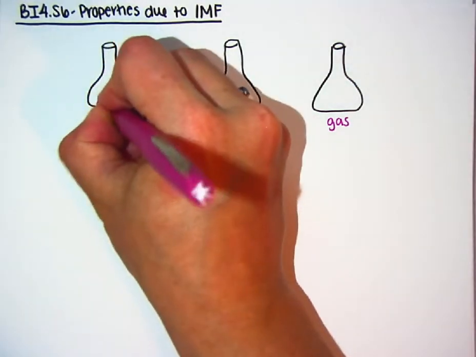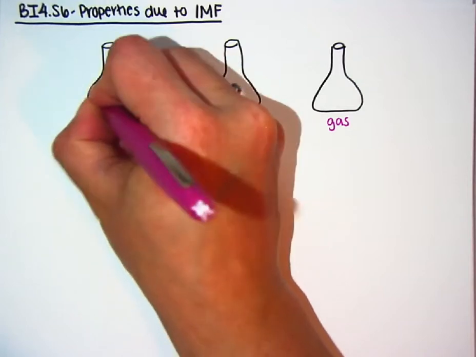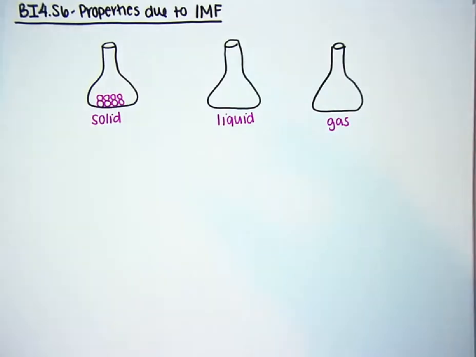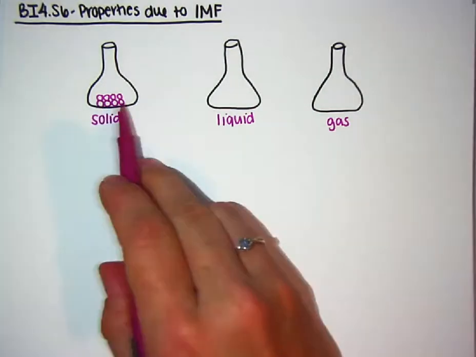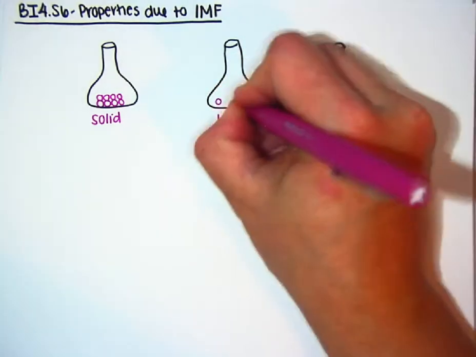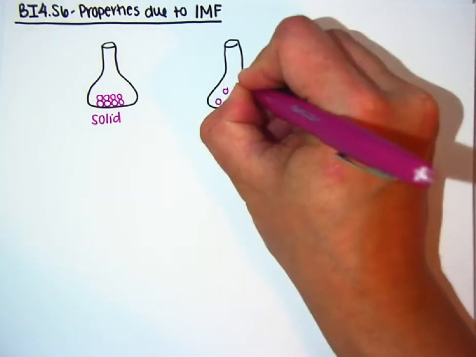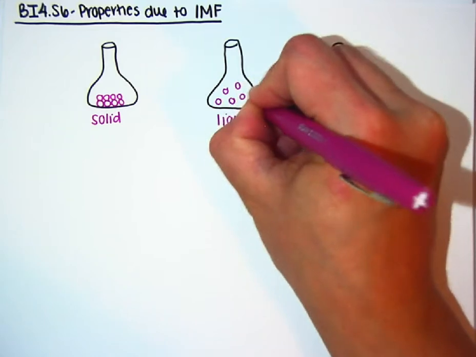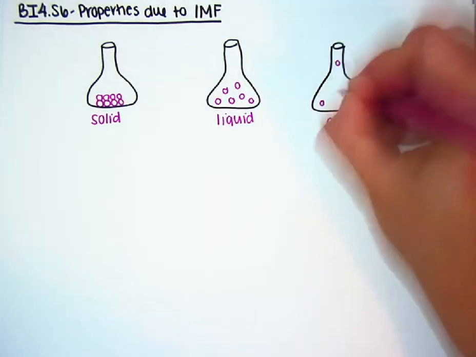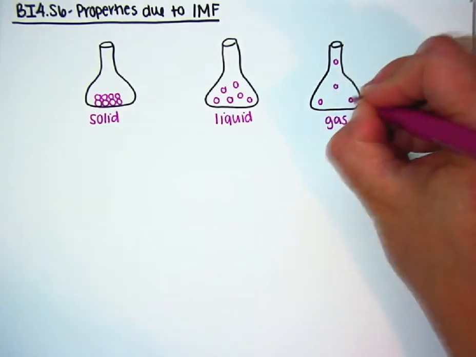So if I had all of these water molecules in the solid state, those molecules are going to be held tightly together. As a liquid, the molecules are going to be a little bit more spread out, and as a gas, they're going to be very far spread out.